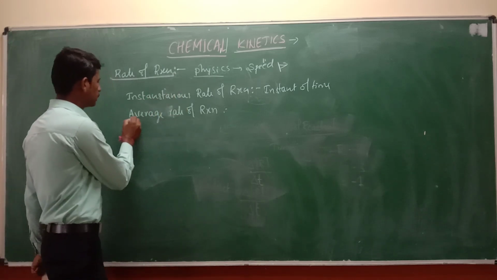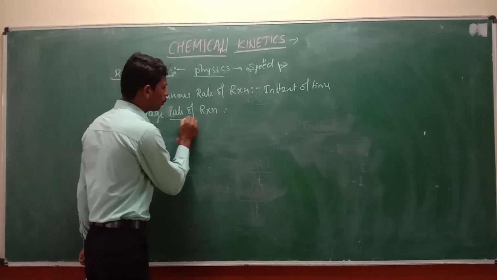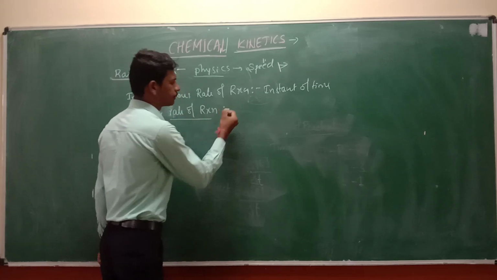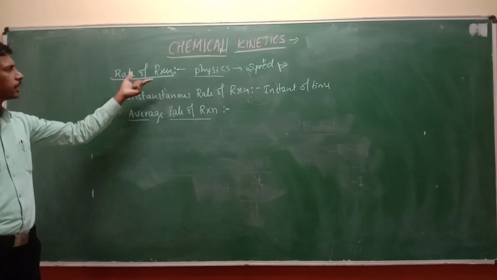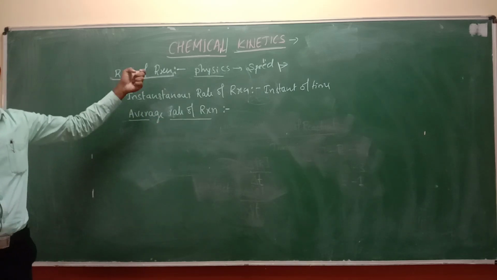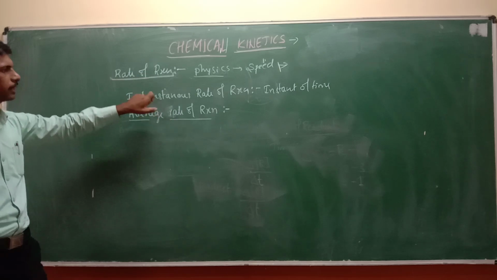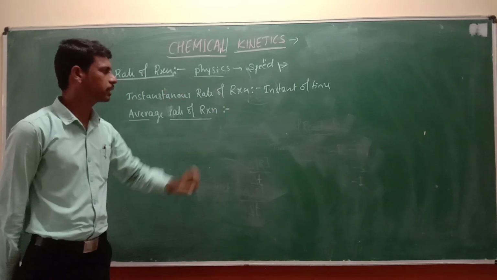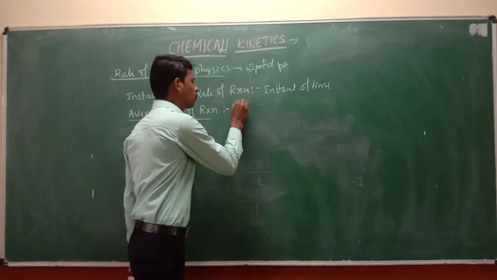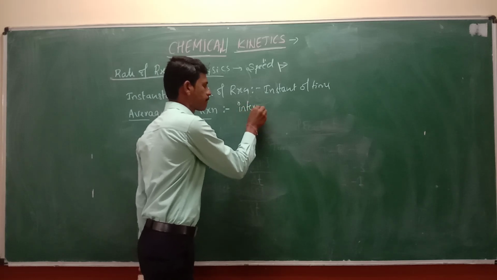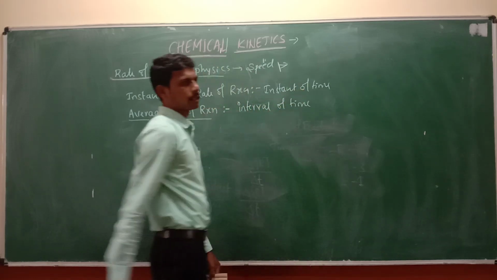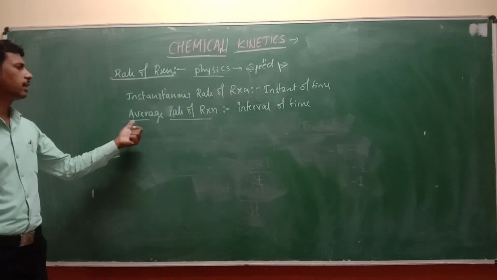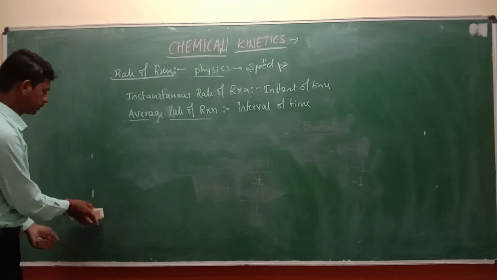The second one is the average rate of reaction. It is also the rate of reaction in which we take the change in concentration of any one of the reactants or any one of the products over an interval of time. That rate we call the average rate of reaction.